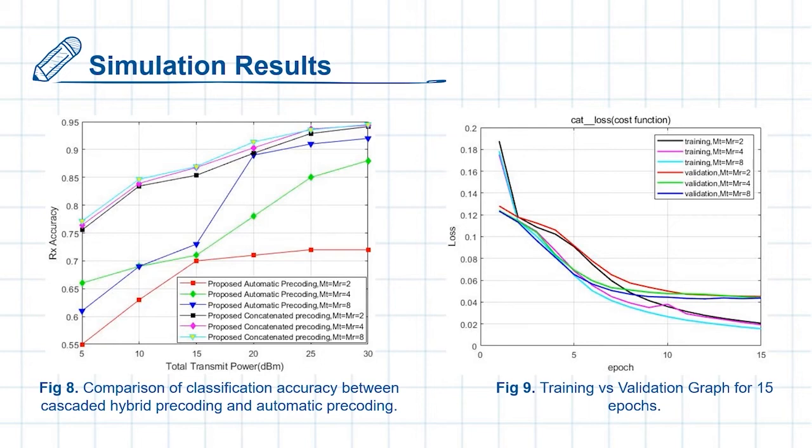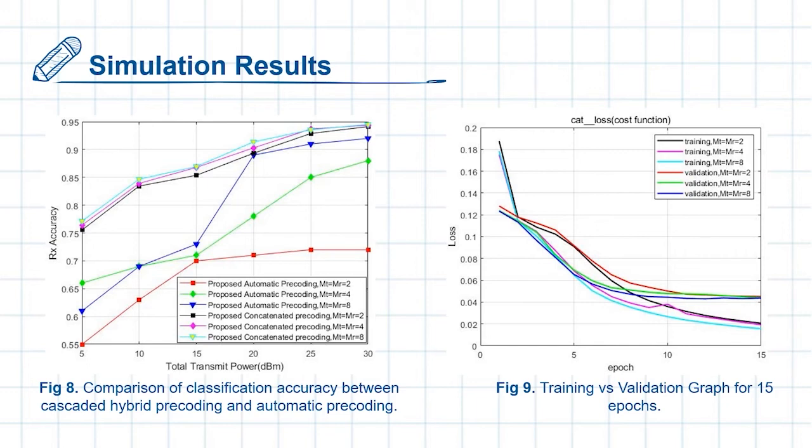The classification accuracy of the cascaded precoder is better than that of the auto precoder. In addition, the stability of the cascaded hybrid precoder is better than that of the auto precoder. Classification accuracy is significantly improved, especially with fewer pilots.